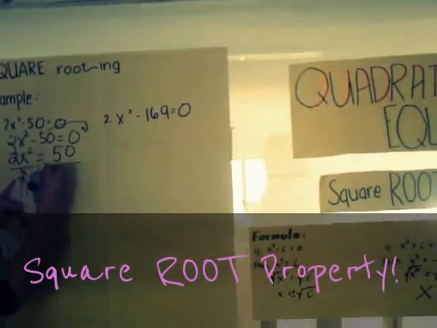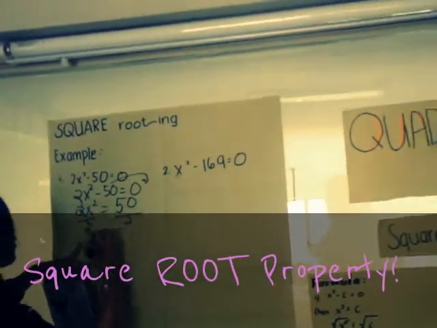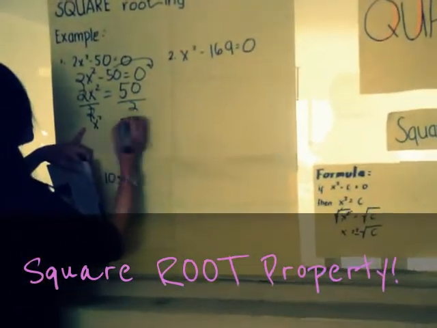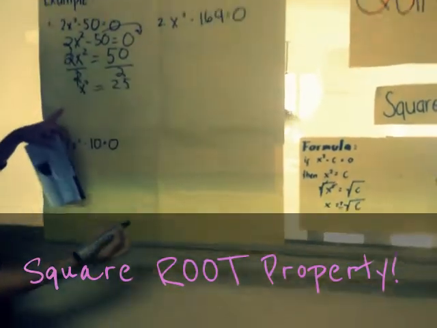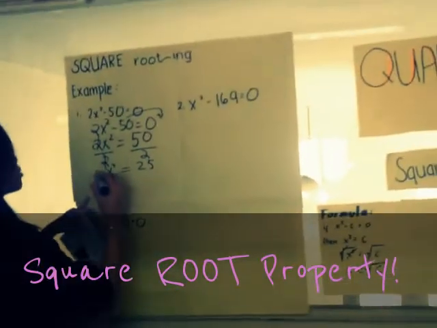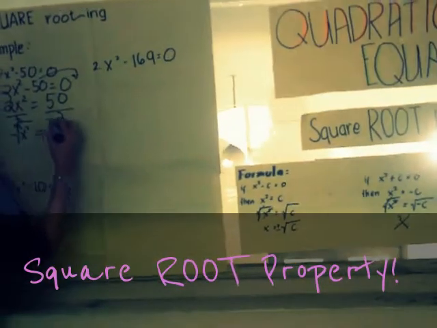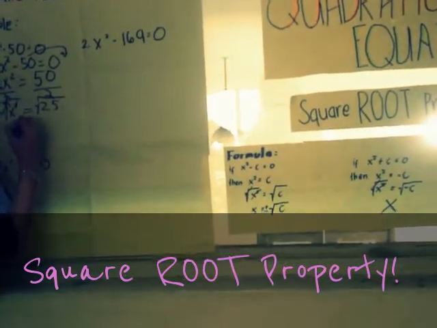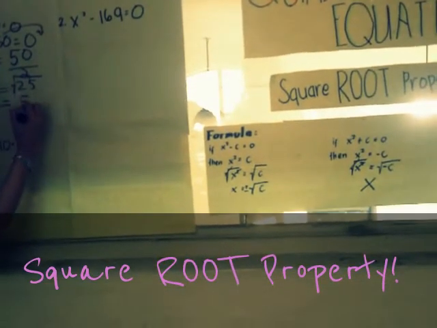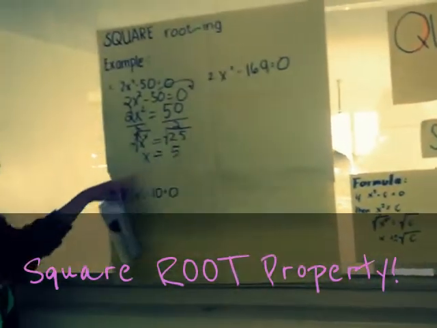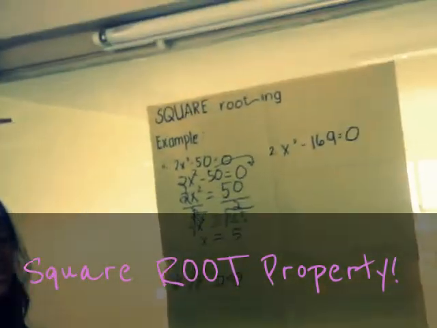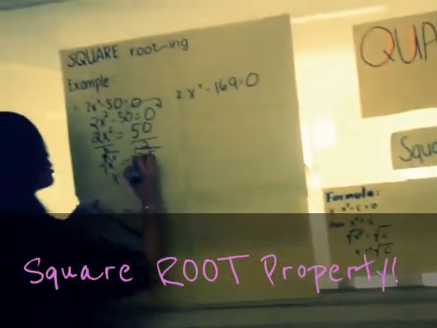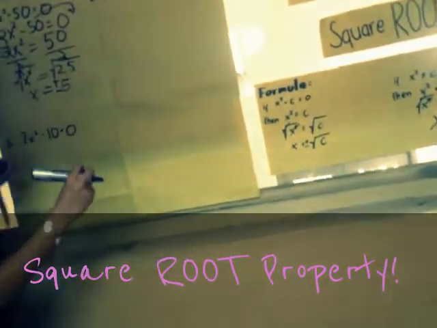Cancel 2 and 2, and this will become 25. x squared is equal to 25. And apply square root. x is equal to 5, since 5 is a perfect square. So as I've said, we're looking for the two values, so it is plus or minus.